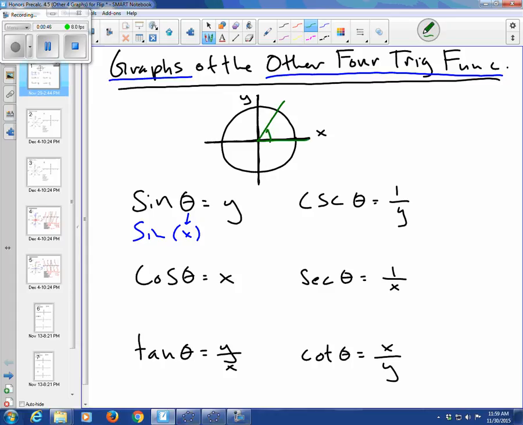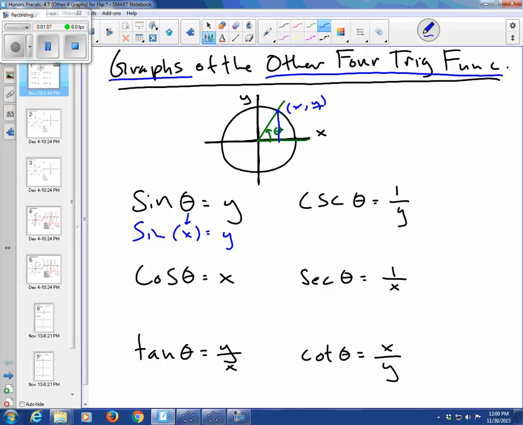So we take some rotation theta, and sine takes that theta as an input and gives as its output the vertical change that angle creates, which we can see as the y value of the ordered pair on the perimeter of the unit circle, where that terminal side ends.